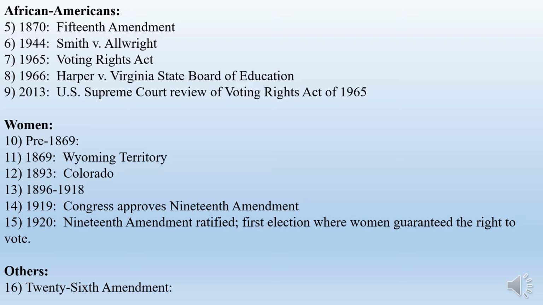Well, this was argued in January of 1944 and was decided in April that states could not permit or conduct race-based primaries, meaning you could not have a primary election where African Americans were not allowed to vote. Primary and general elections had to be open to all groups.